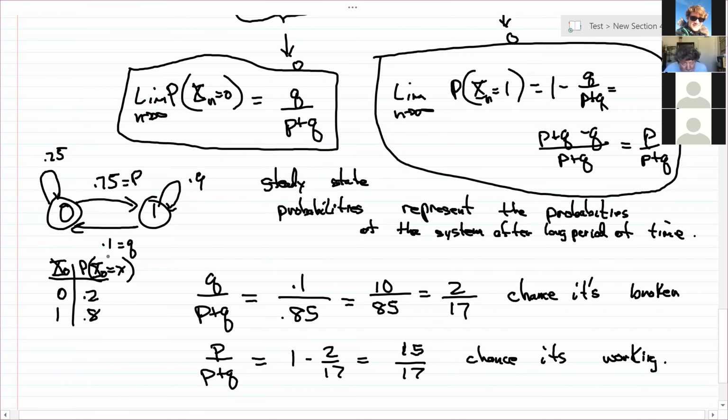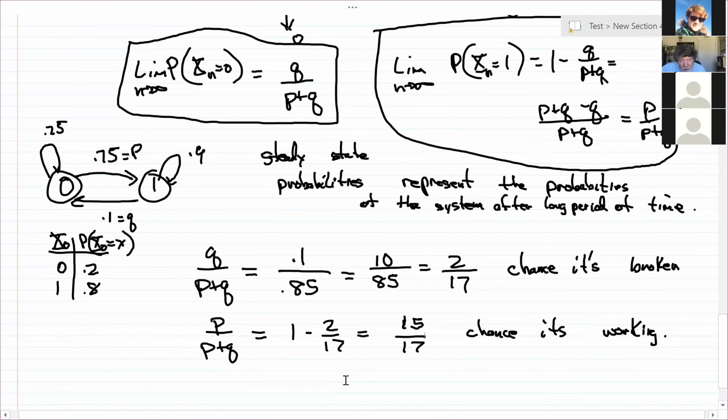The initial distribution doesn't really matter in the conclusion, because the conclusion just has P's and Q's, which are the transition probabilities, which is somewhat interesting. In other words, it doesn't really matter what the odds were on day 0, as long as you know what the probabilities of going back and forth on other days are. That's mildly interesting. It's independent of how things were when you first set up the machine. As long as you know these transition probabilities are the same, then you're going to get the same long-term probability. Questions?